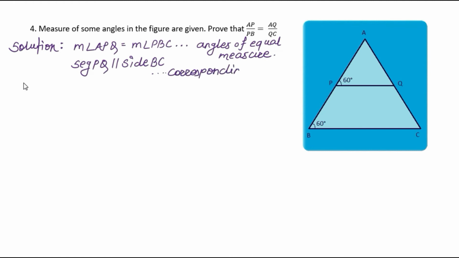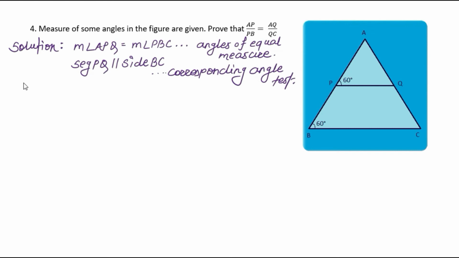So according to corresponding angle test, if these two angles are congruent, then PQ and BC are parallel.